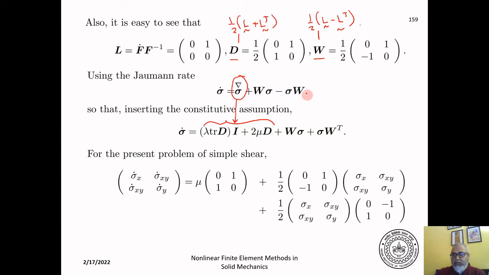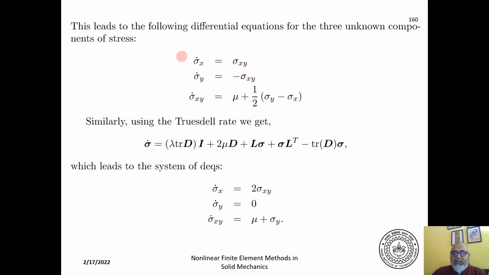We know D, we know W, so we write down the right hand side completely, and we get a set of differential equations for sigma x dot, sigma xy dot, and sigma y dot. Each of these is a function of sigma x, sigma xy, etc. And if you work this out, it's very simple.